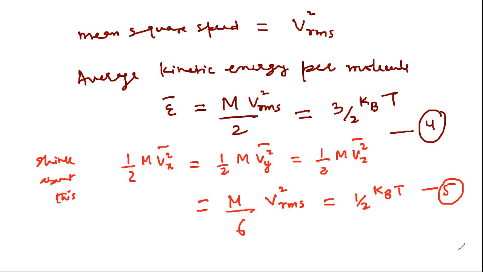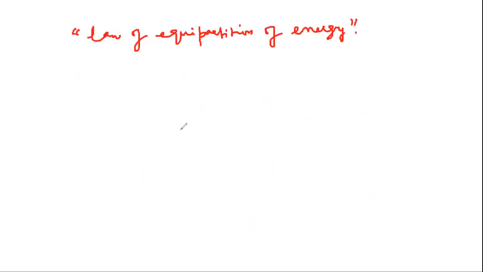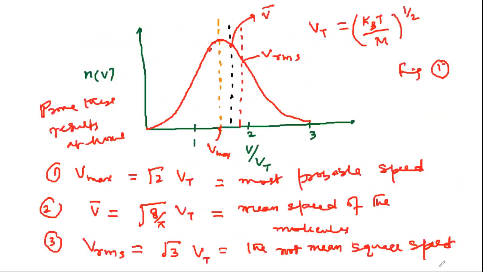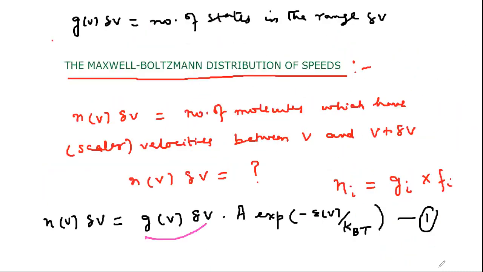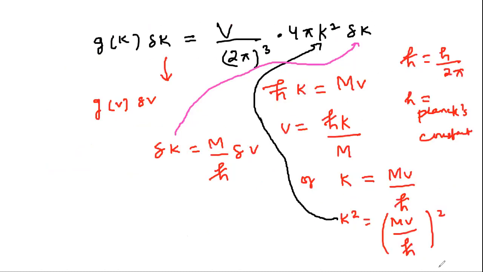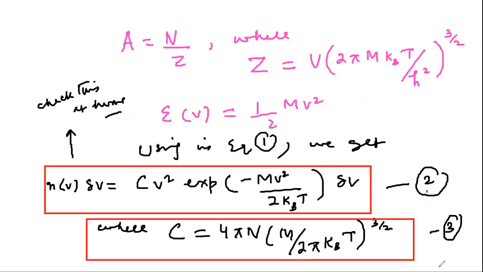So this is all for today. Before leaving you, I will summarize today's lecture. So today we talked about the Maxwell-Boltzmann distribution of speeds. I gave you the idea how to get it. Then I gave you homework to check it.